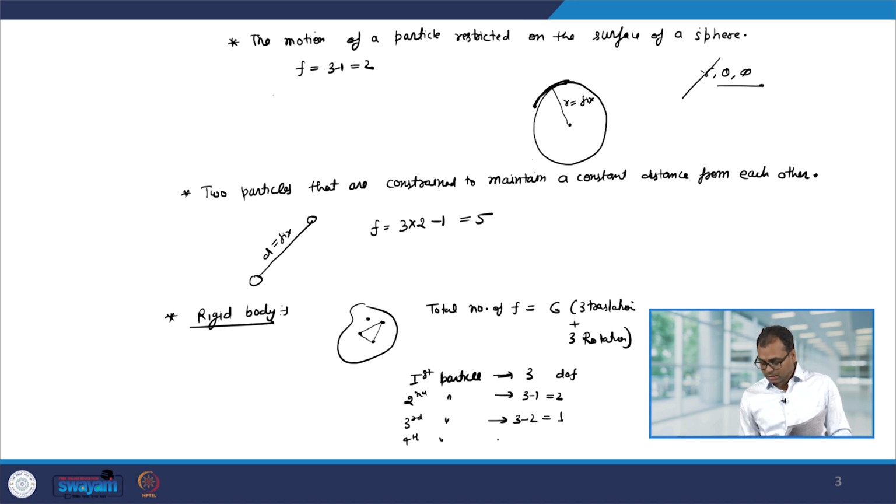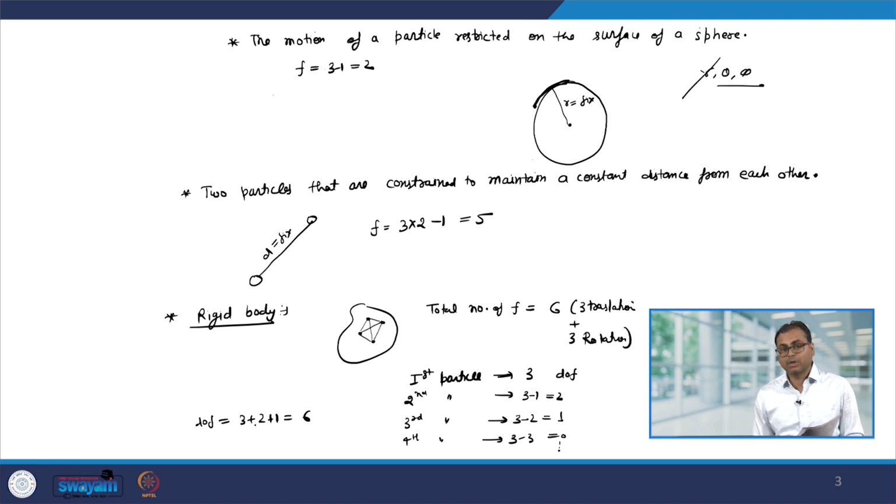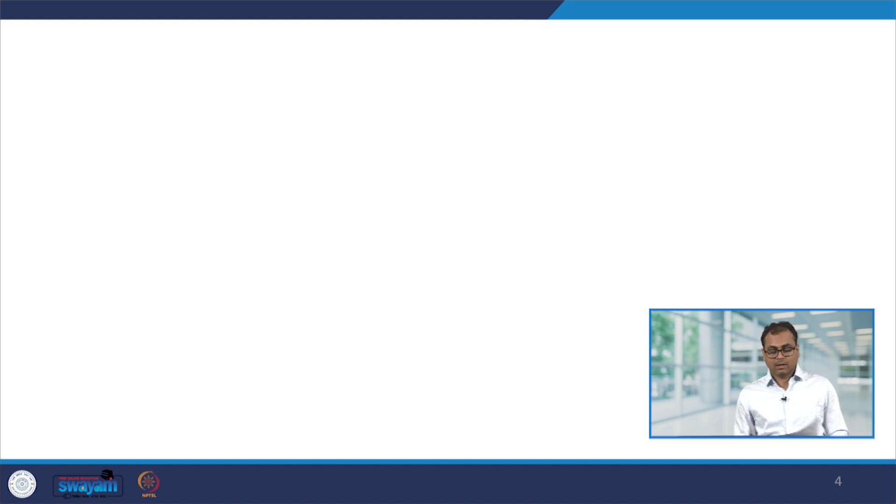So, in this case we have 3 coordinates, and then it has to maintain a constant distance from all 3 particles. So, therefore, it will be 0 and subsequently for all the particles it will be 0. So, total number of degree of freedom for the rigid body will be 3 plus 2 plus 1 equal to 6 again.